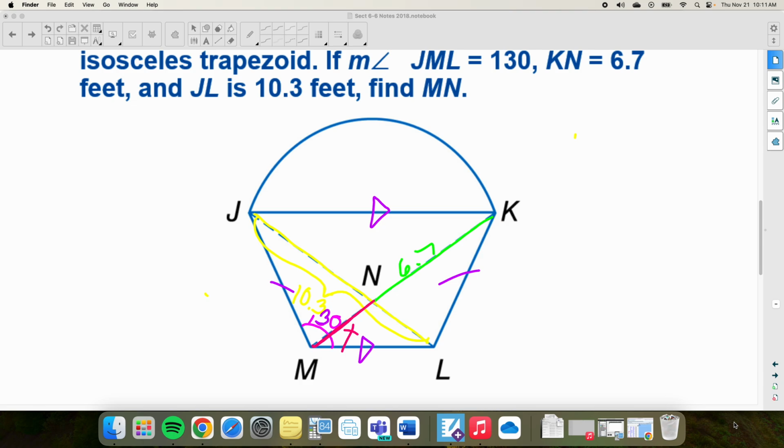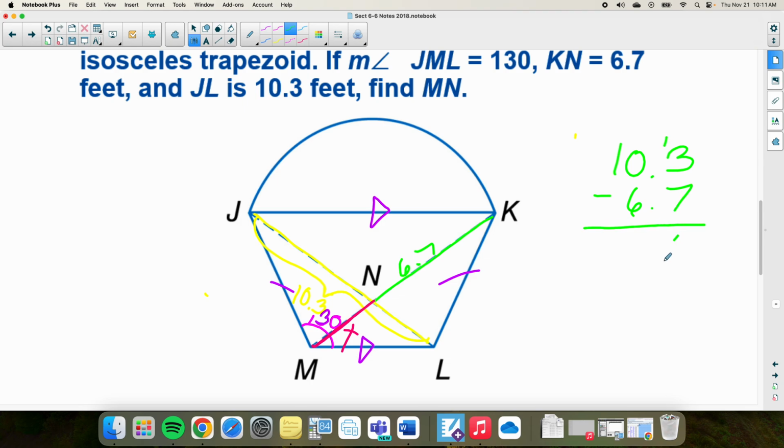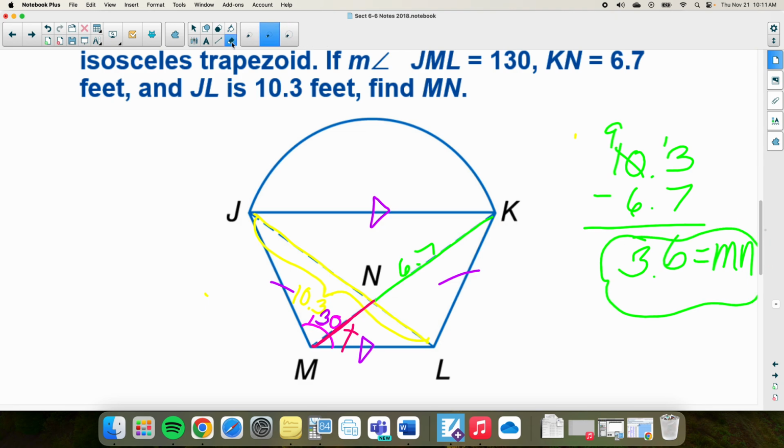So do you guys get that you could just go 10.3 minus 6.7? And that would be, what, 3.6? So that would be MN. So on this one, you don't need this angle at all. That's kind of there just to confuse you a little bit.